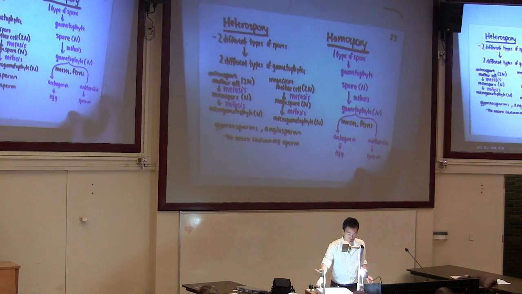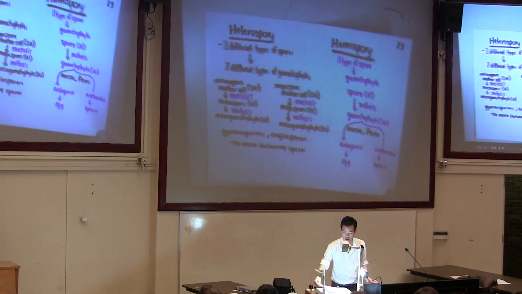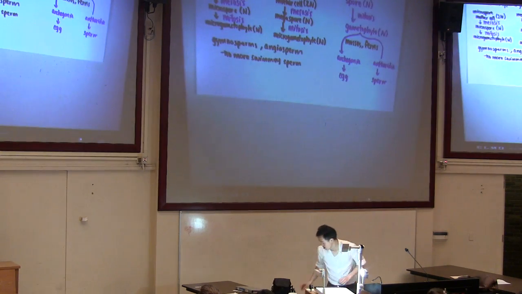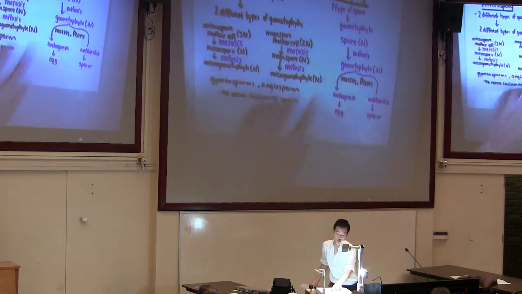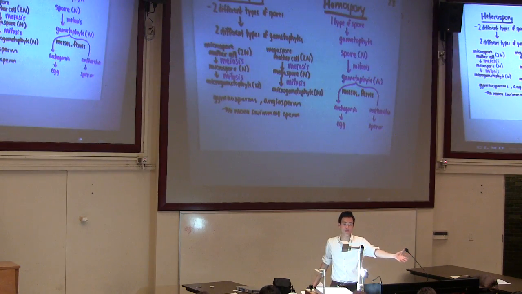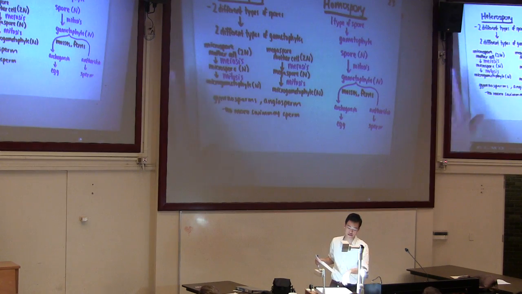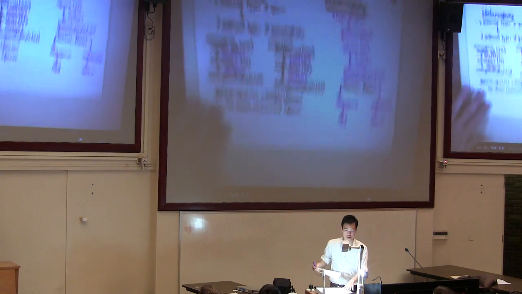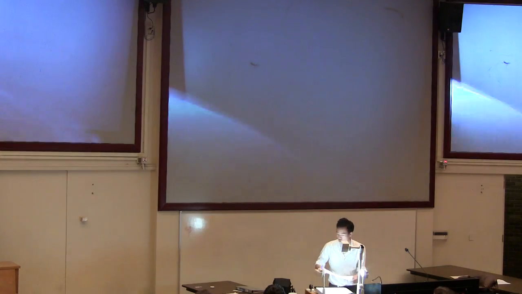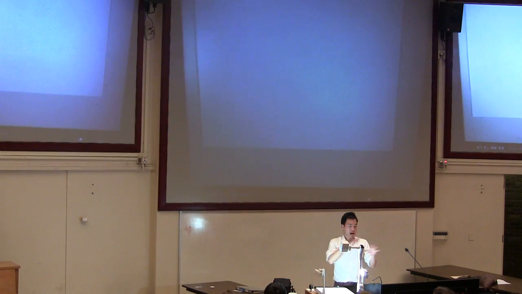Okay, and one more thing before we move on to the rest of the plants. The spores are haploid. The sporophyte is different. I want to make sure you know the life cycle of a plant.